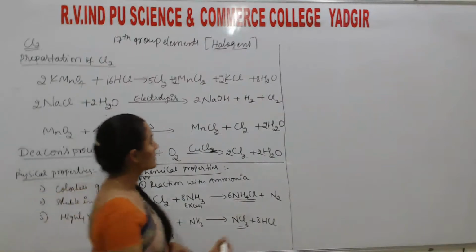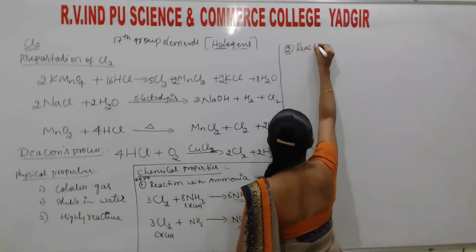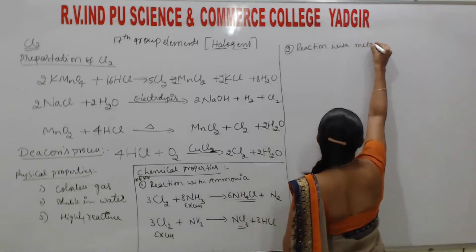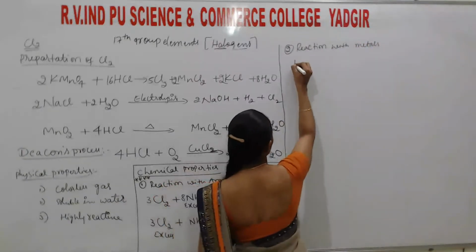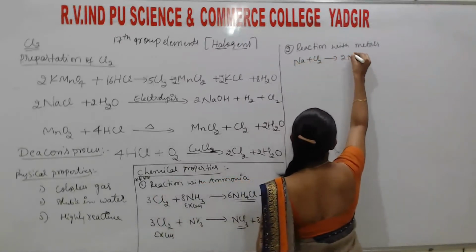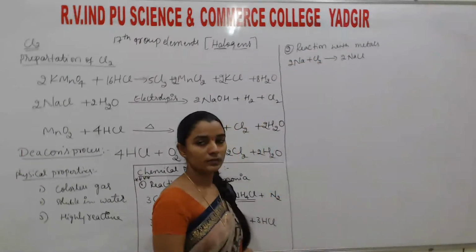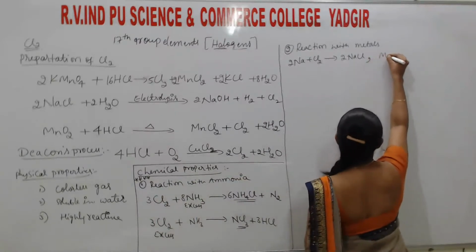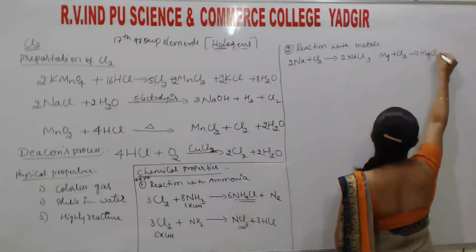Okay, next, the second one is reaction with metals. For example, sodium reacts with Cl2 to form 2NaCl. Next, magnesium reacts with Cl2 to form MgCl2.